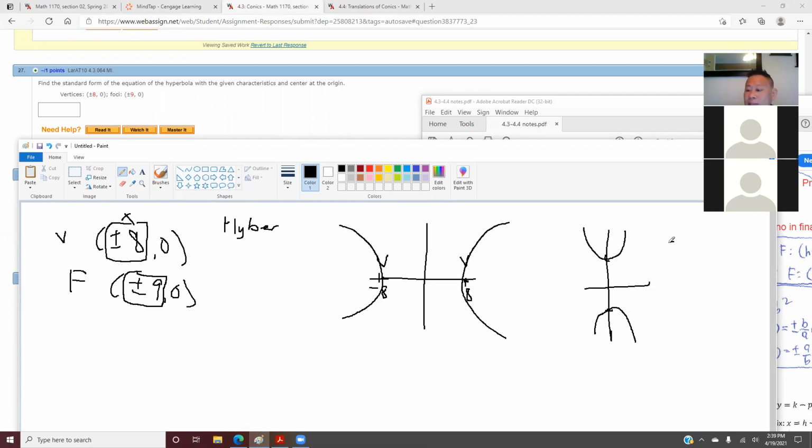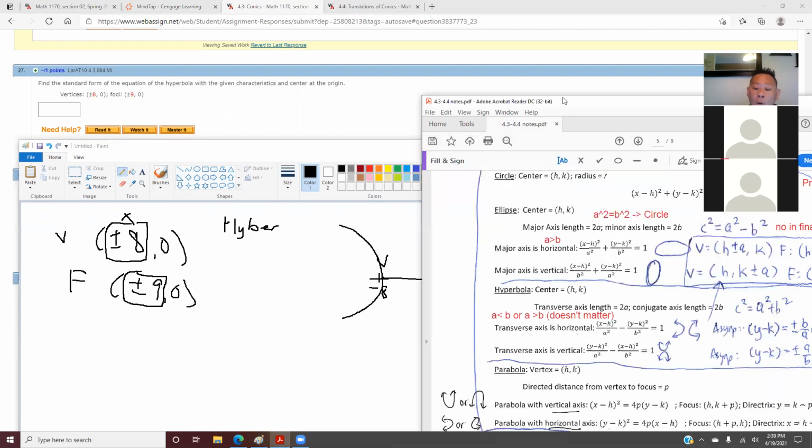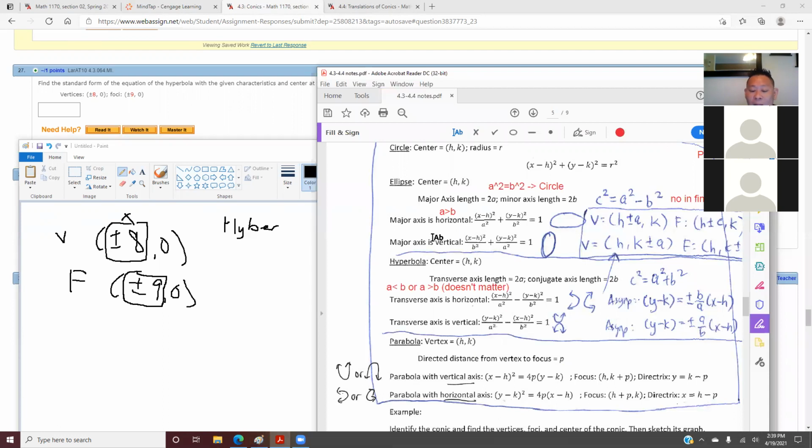If your plus minus sign comes from the y value, then it will be going the other direction. So it depends on where the plus minus sign comes from. Since we have ±8 on the x value, that's why it opens sideways. So for a hyperbola, opening sideways means it is on the x-axis. So the formula is the first one.